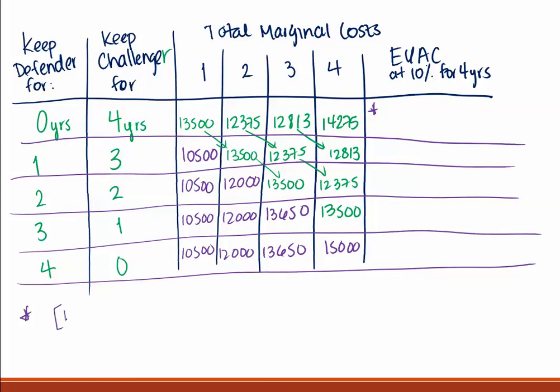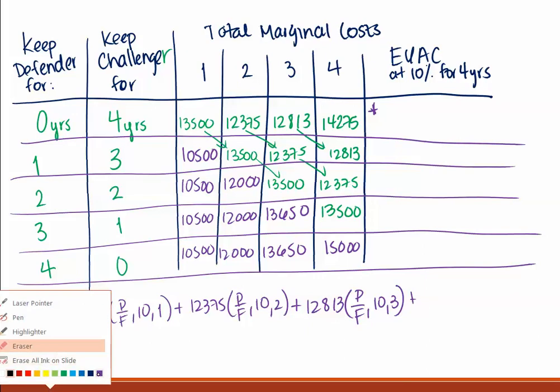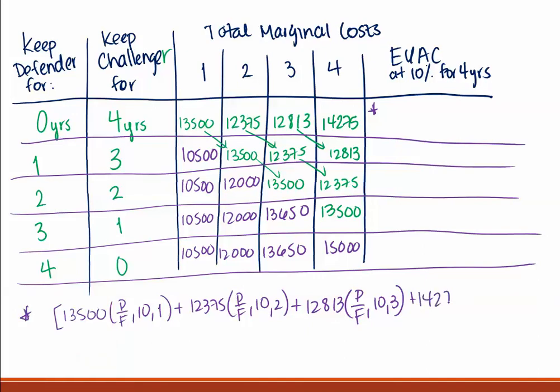So I'm going to do 13,500 (P/F, 10, 1), plus 12,375 (P/F, 10, 2), because I'm moving it back 2 periods, plus 12,813 (P/F, 10, 3), plus 14,275 (P/F, 10, 4), all of this times (A/P, 10, 4).